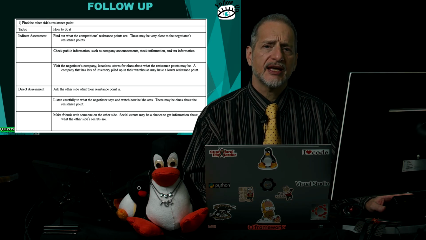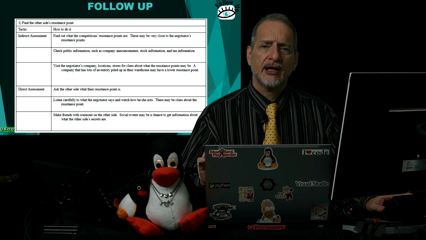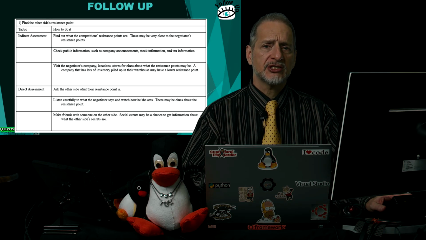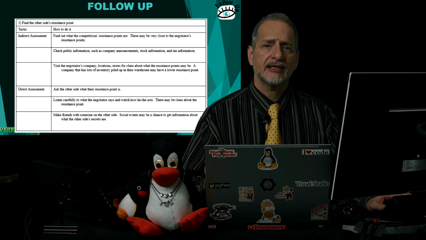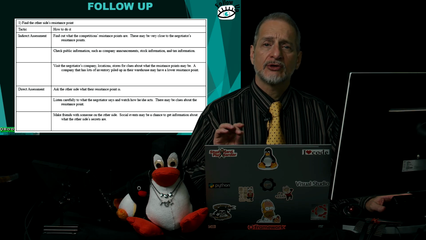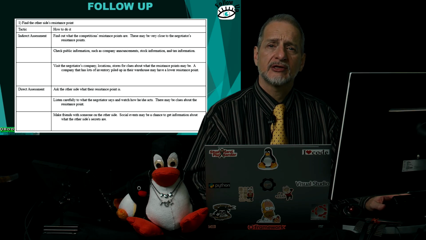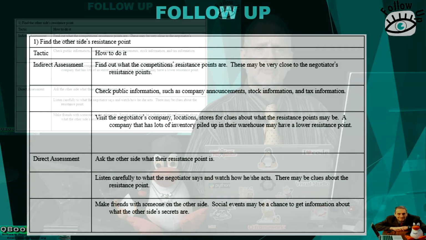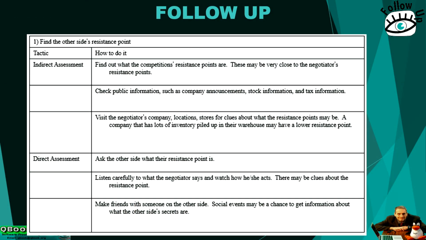Try to understand more about the other side. That information will help you understand this product or this price when you negotiate. Indirect means finding information from another way.